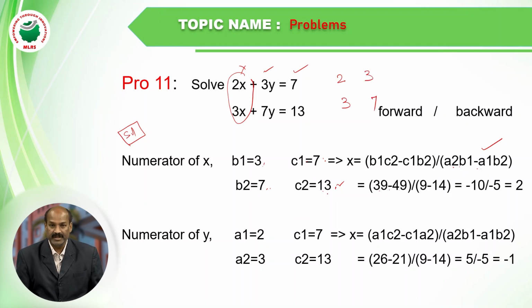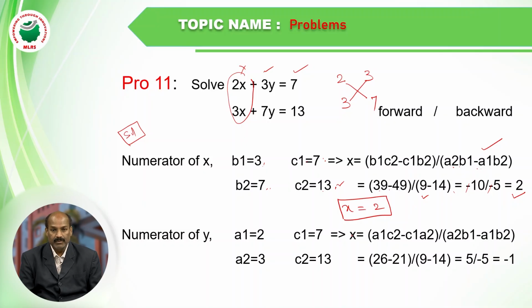Backward means here we take 3 into 3, 9, minus 2 into 7, 14. So this equals 39 minus 49, which is minus 10, by 9 minus 14, which is minus 5. Minus minus cancels and 10 by 5 is 2. So the value of x is 2.